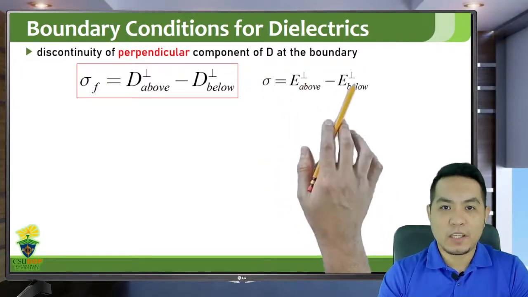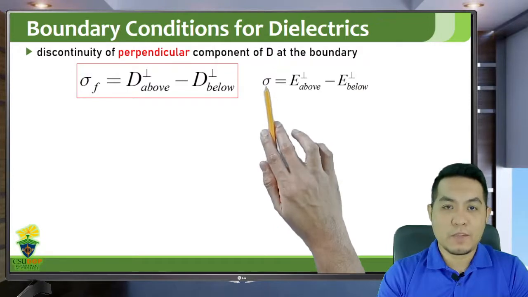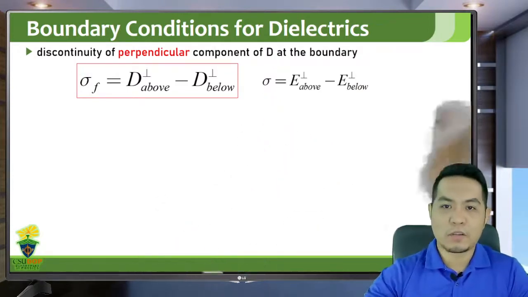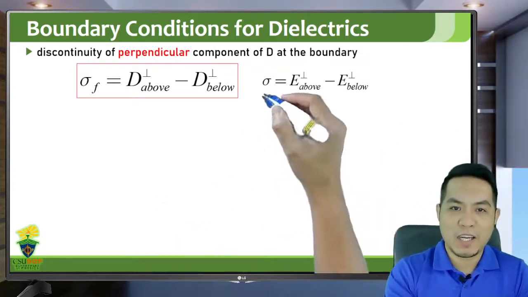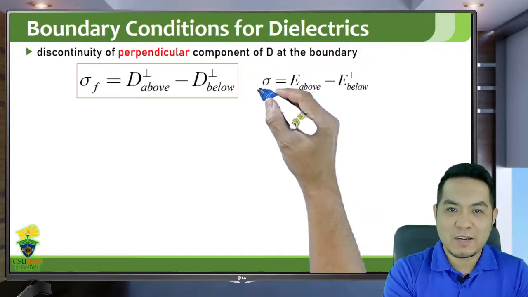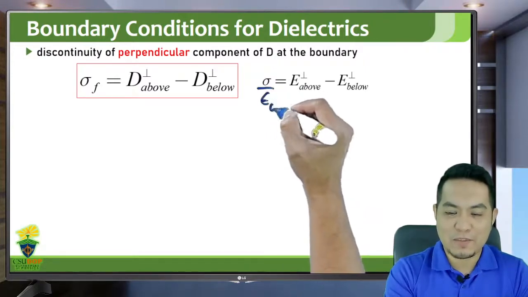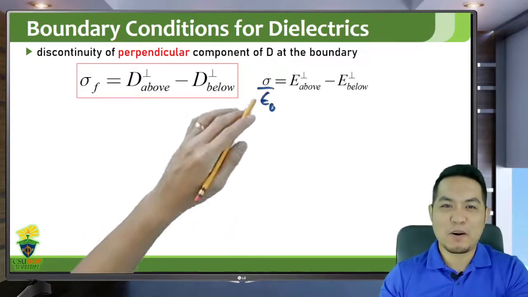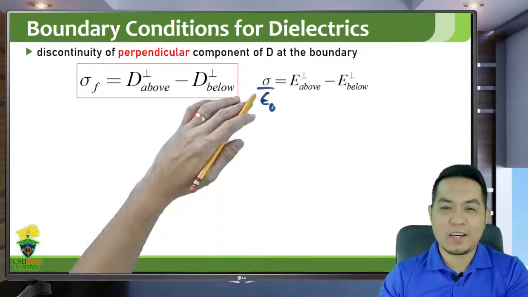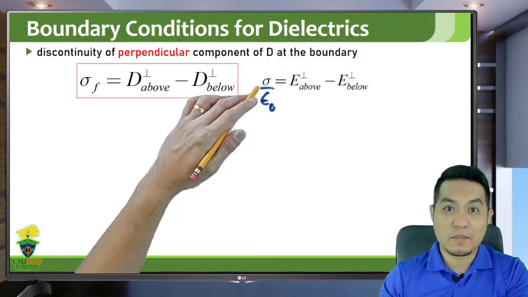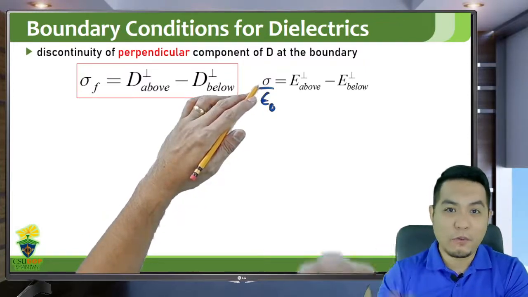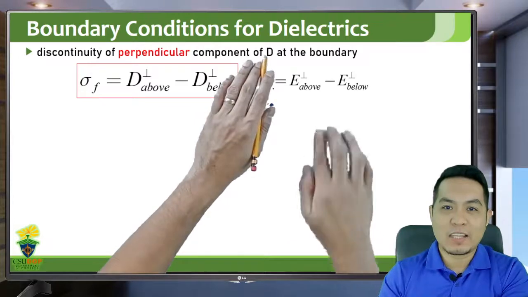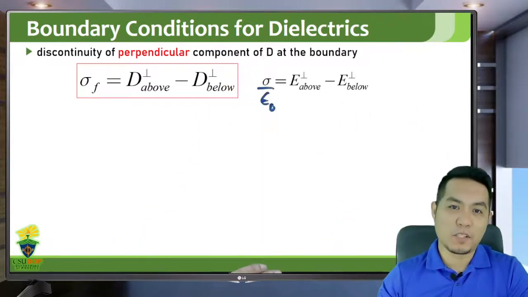The discontinuity is because of the surface charge density sigma. Actually, there should be a over epsilon naught here. Sorry, I had the wrong equation. So sigma over epsilon naught. Again, if there are no charges, whether bound or free, at the boundary, then the electric field is continuous.